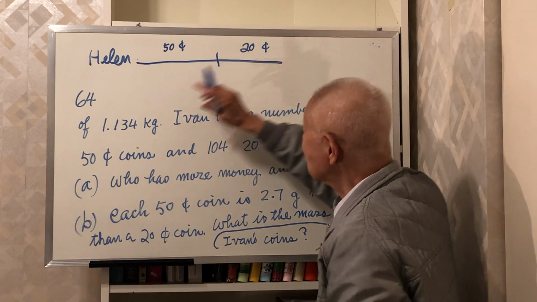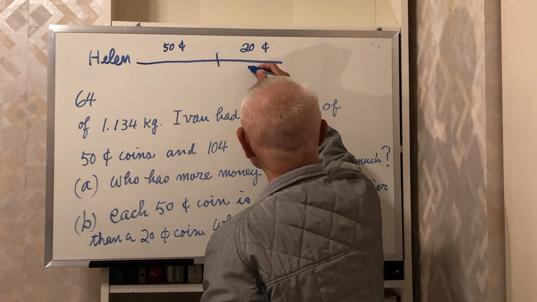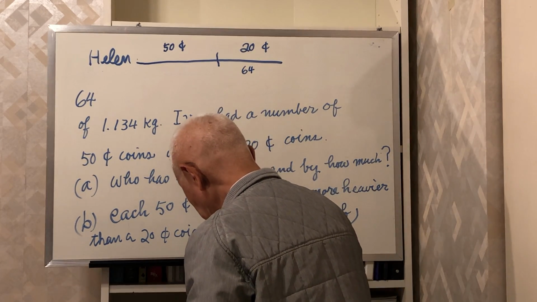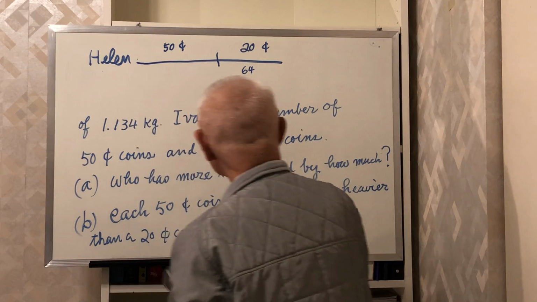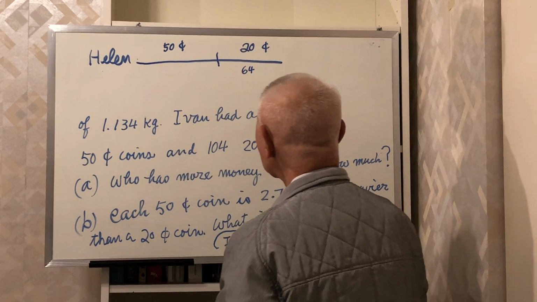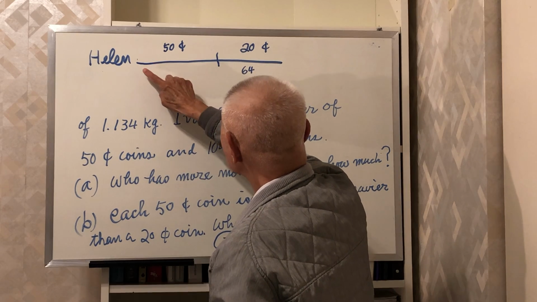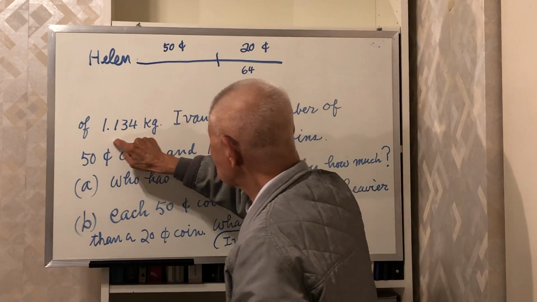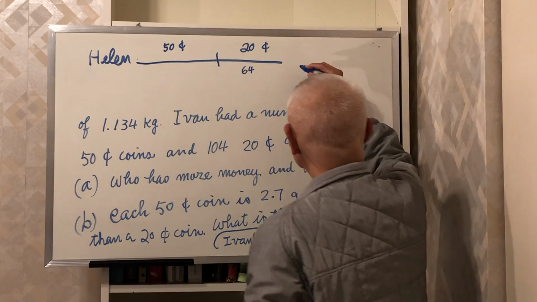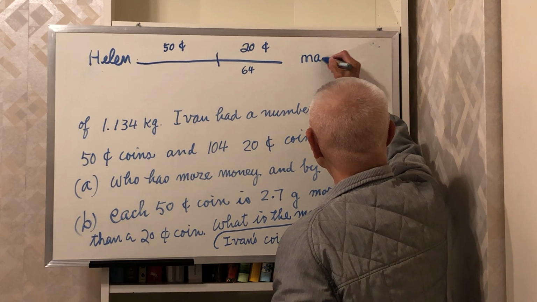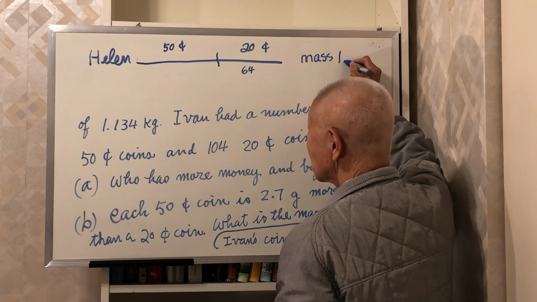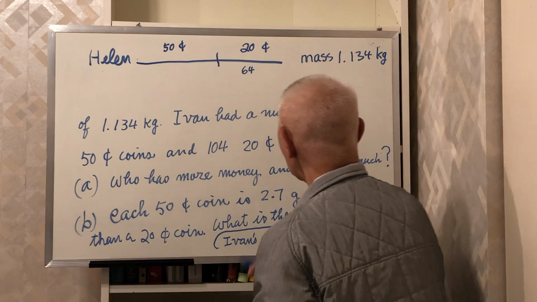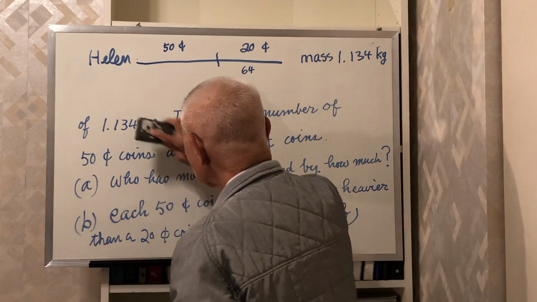How many 20-cent? 64. So this is 64. Now altogether, the mass of this plus the mass of this is this. So the mass is 1.134 kg, kilogram. Okay, then I can erase this line.